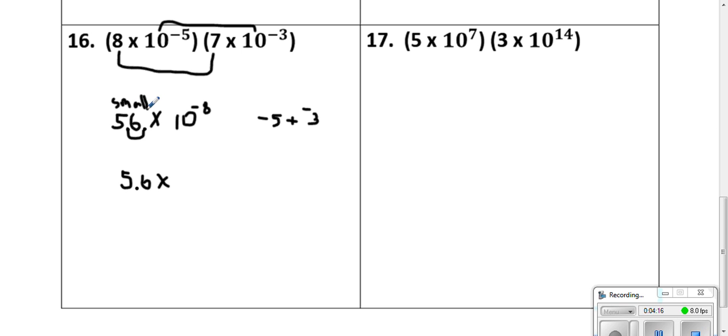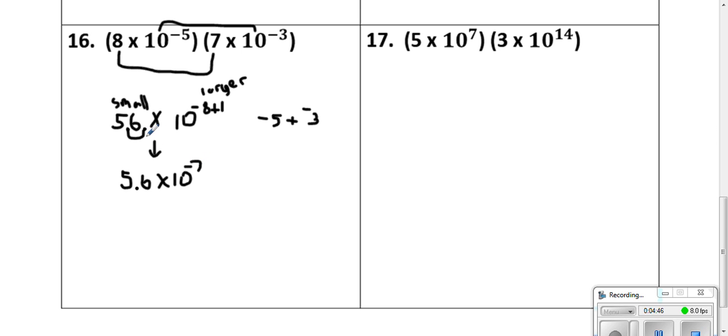I have to make this exponent larger. Since I made that smaller, I have to make that exponent larger. And if I moved it only once, that means I have to make it larger by 1. So negative 8 plus 1 is a negative 7. And that is in scientific notation.